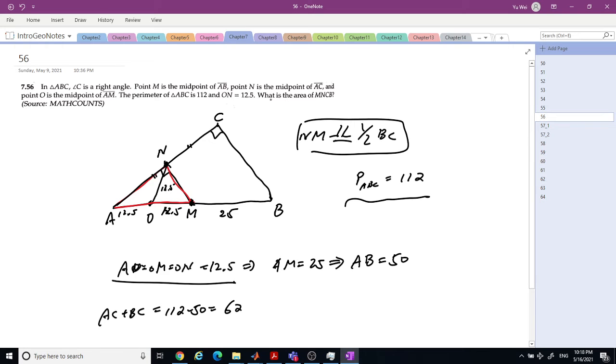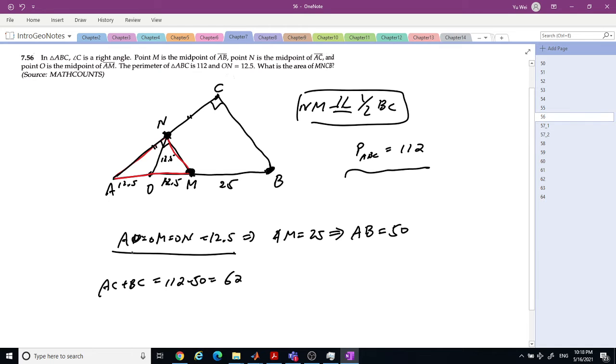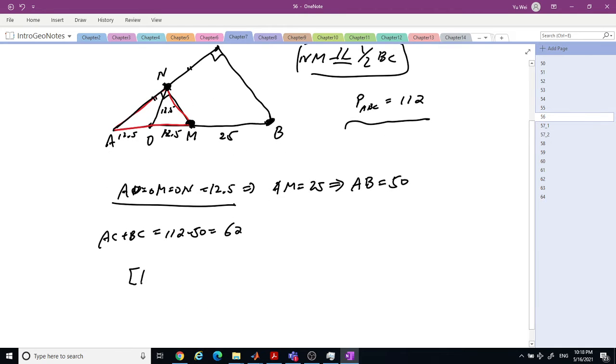Okay, so it asks us to calculate the area of MNCB, right? So we can see the triangle AMN is a quarter of the triangle ABC.